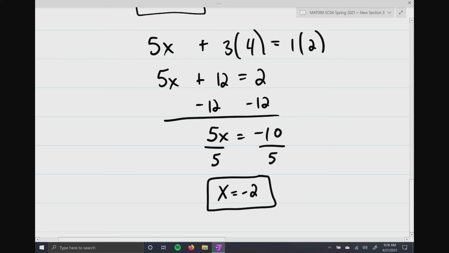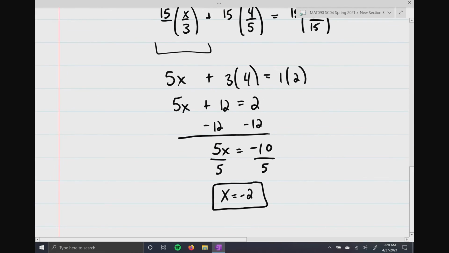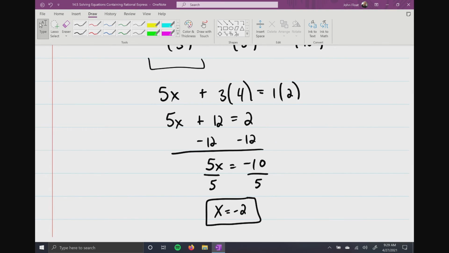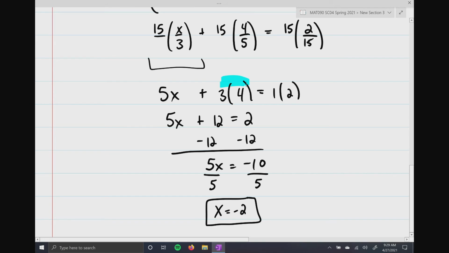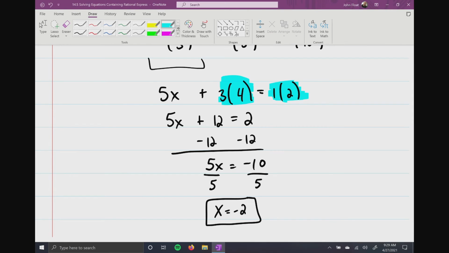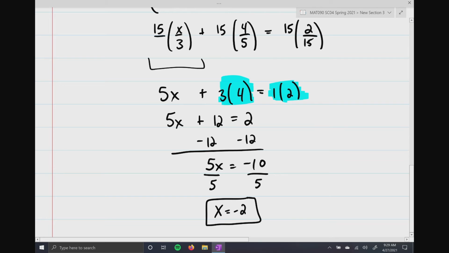Now, there is something that I want to review on this problem. And it's right here. Because I want to make sure that we are very, very explicit. Anytime that you simplify denominators the way that we did, you don't want to move fast.